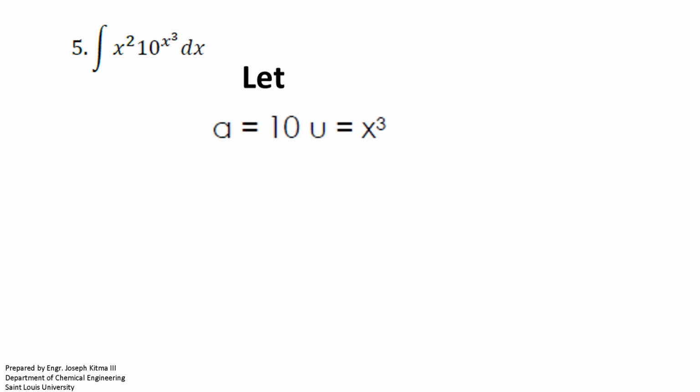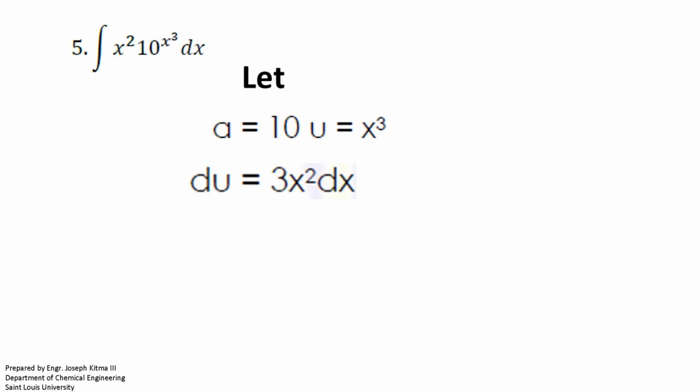For the fifth example, again, we notice here that x squared is part of the differential of u, and that u is x cubed. If we take its differential, the differential is 3x squared dx.